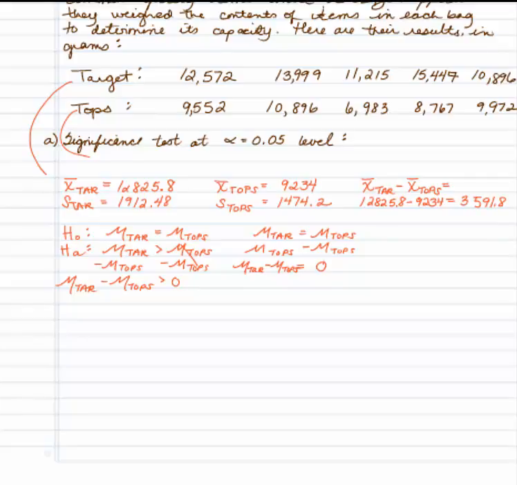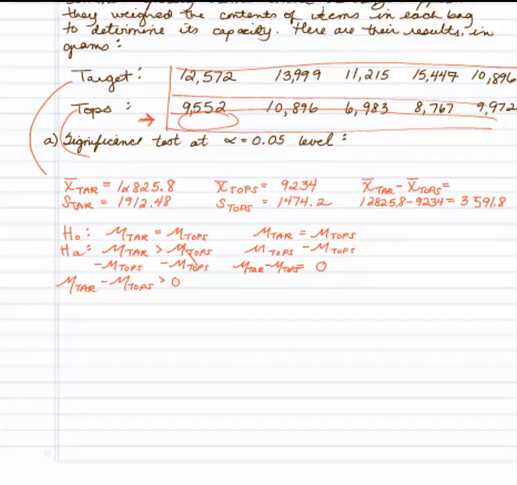Now, what we have been doing also is making like another chart of our table and saying, okay, this is where we put the difference in, right over here, and subtract and get an answer, subtract, get an answer, subtract, get an answer, and work it out like that and put that in a spreadsheet and find the mean. That would give you the same answer, 3,591.8. It would give you the same answer.